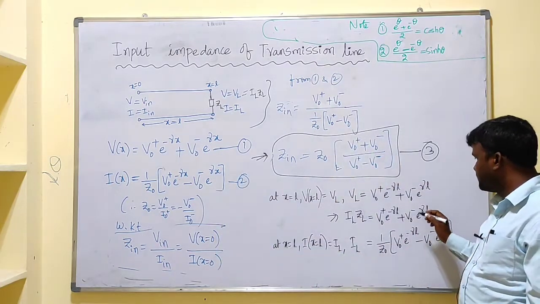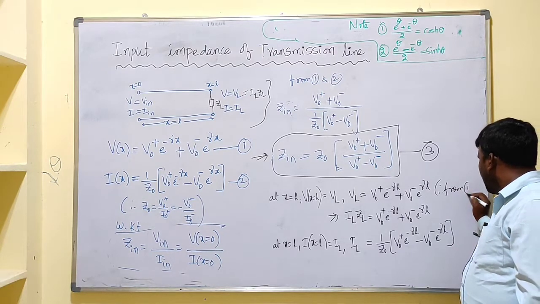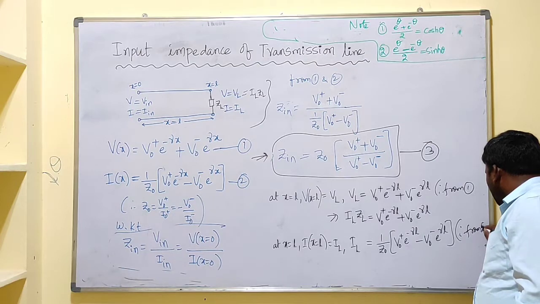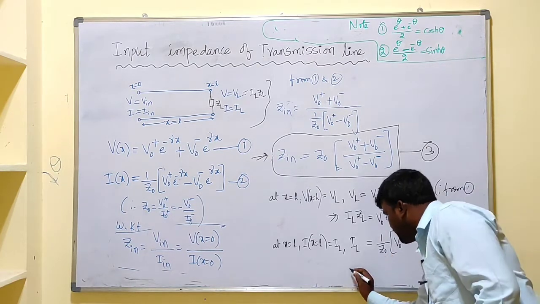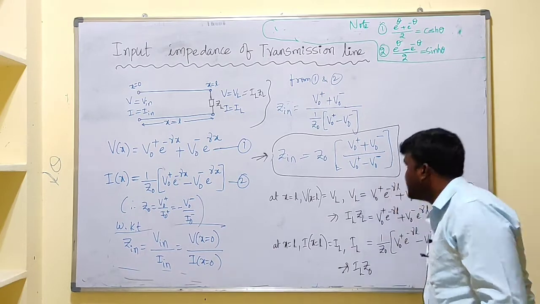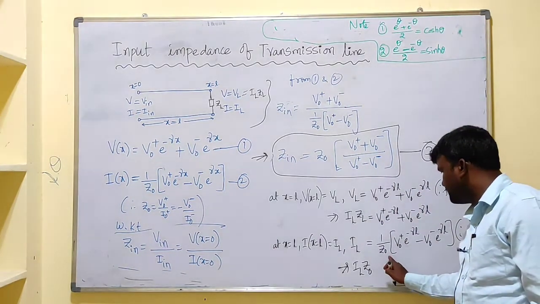This is from 1, and this is from 2. So this equation can be written like this: IL into Z naught. Send this Z naught to this side.